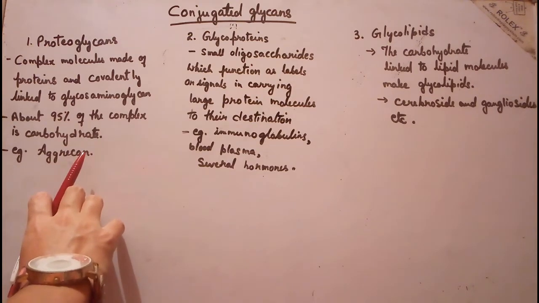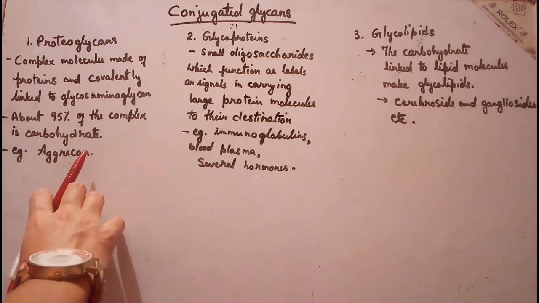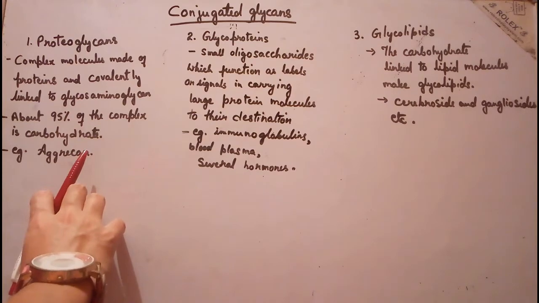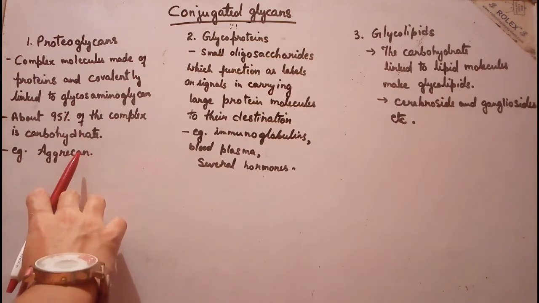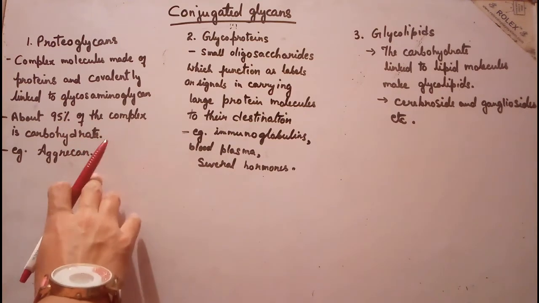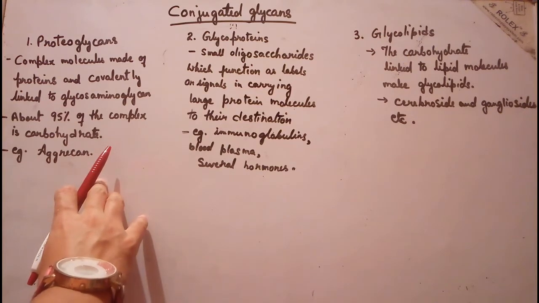The bacterial cell wall also has a chain of repeating disaccharide units made up of N-acetyl glucosamine and N-acetyl muramic acid, which are joined by beta-1,4 linkages. These also are examples of proteoglycans.